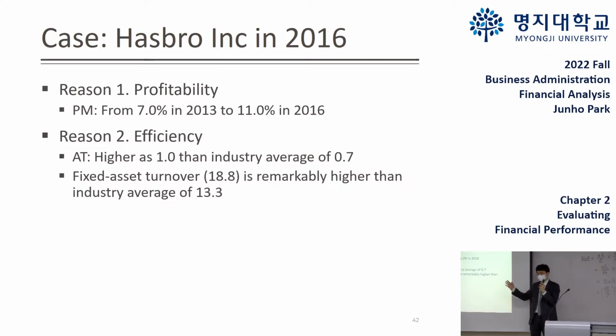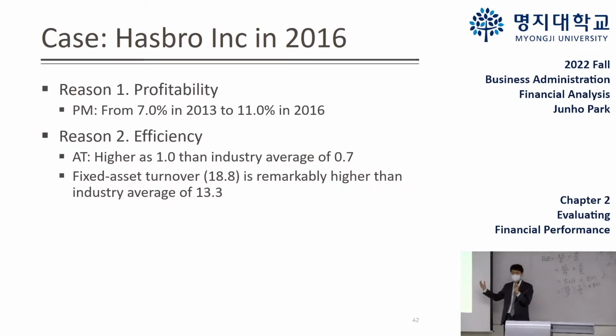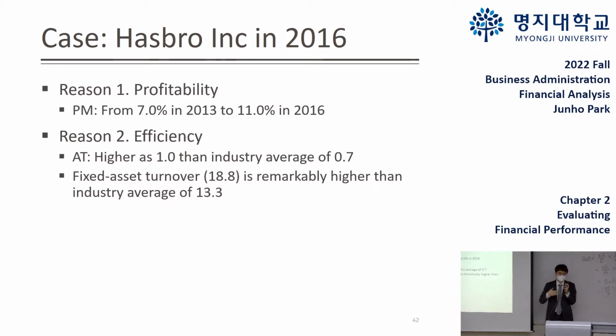For example, it has a smaller size of fixed assets, such as facilities to produce its products, but it uses those assets more effectively.